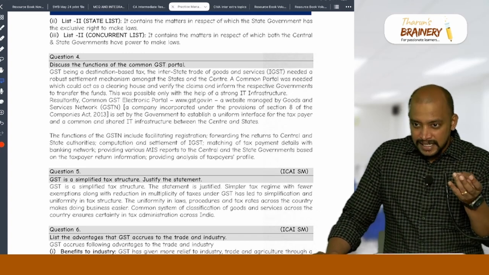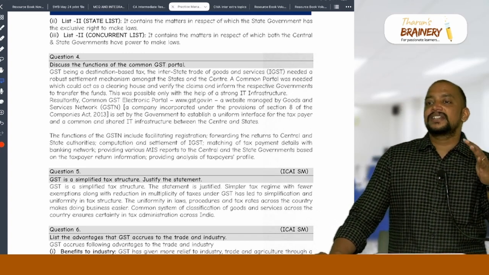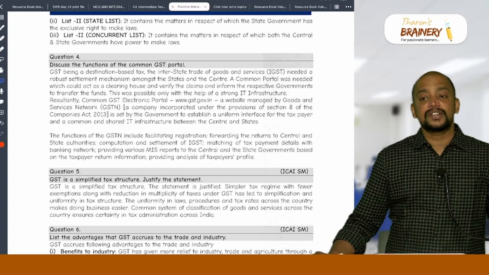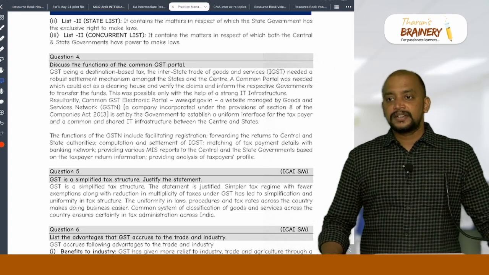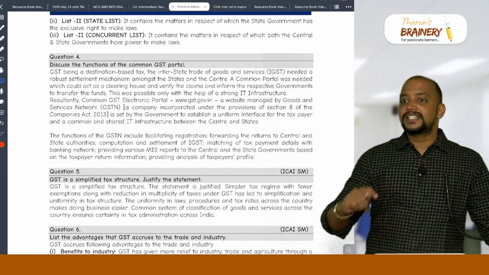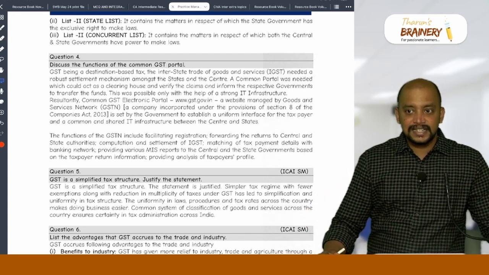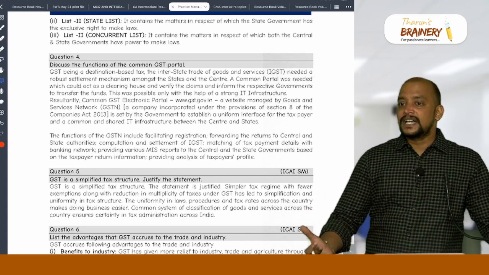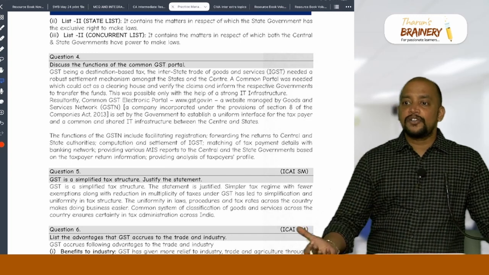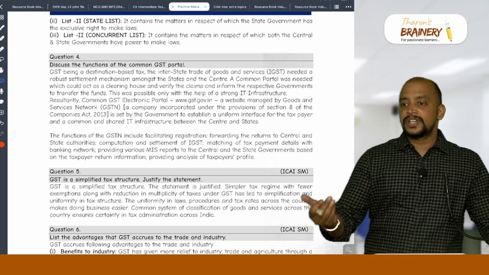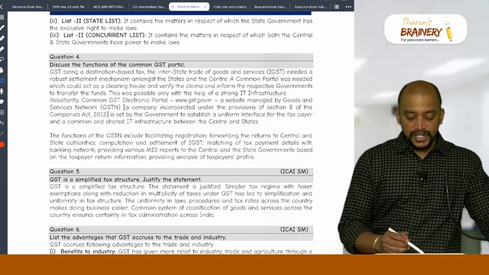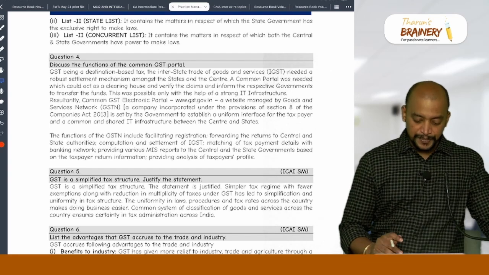Central government, state government, taxpayers and other stakeholders for implementation of GST. What functions they do? We have seen one chart. It facilitates registration, then payment of taxes, then filing of returns, and then matching of ITC, then reports to the government. So, these are the various functions of GST network that we need to write.